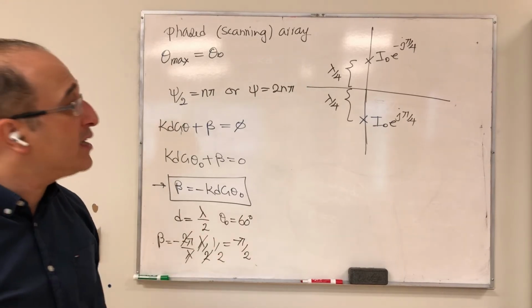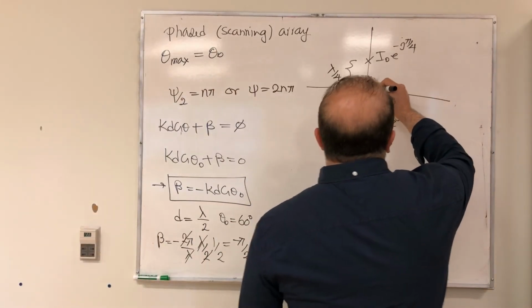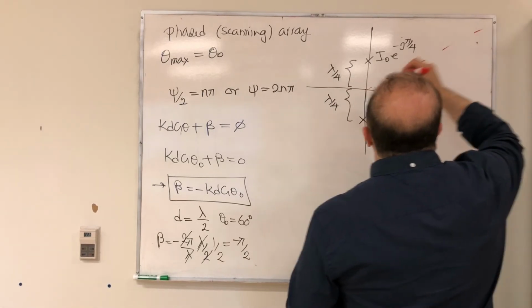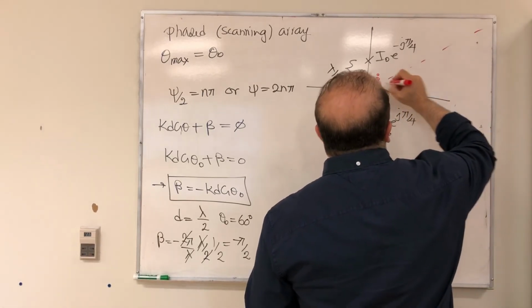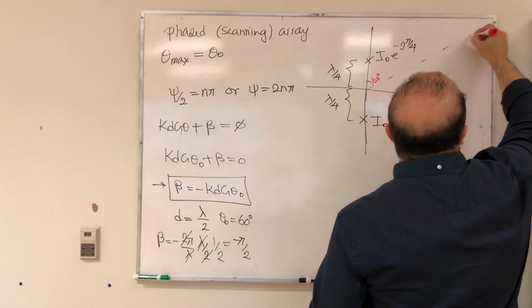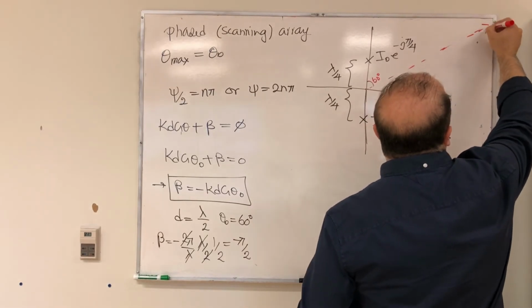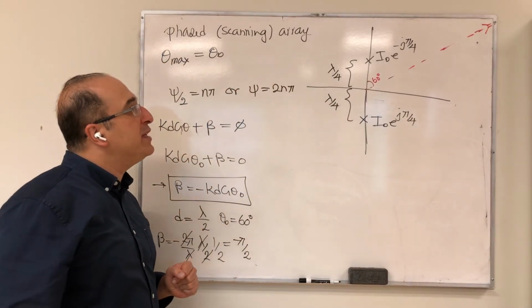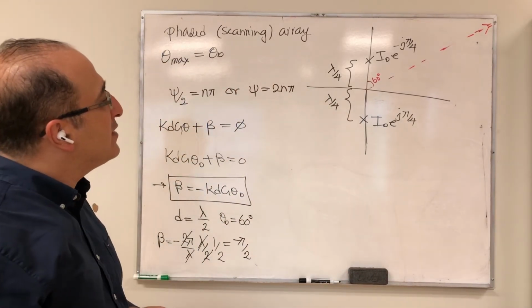Let's check that conceptually. So this is now 60, so this is my 60 degrees. And now you are sitting in the far field looking, and you want to check what would be the signal that you're getting from the antennas.